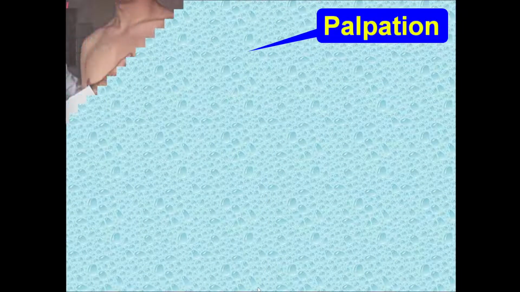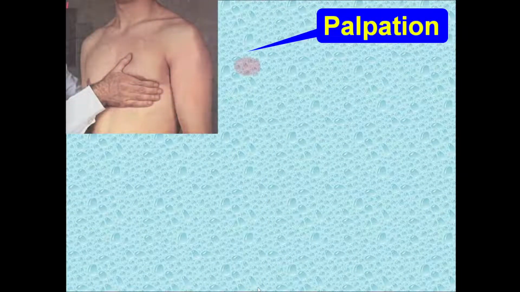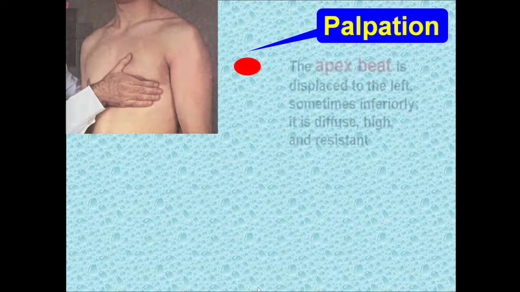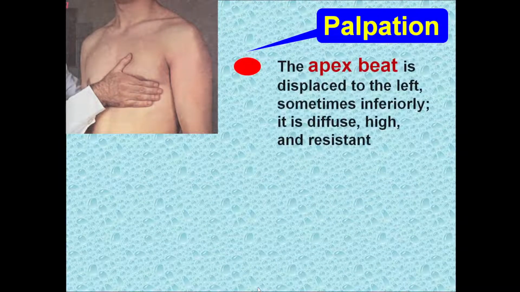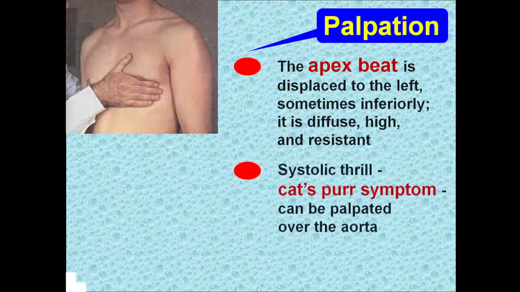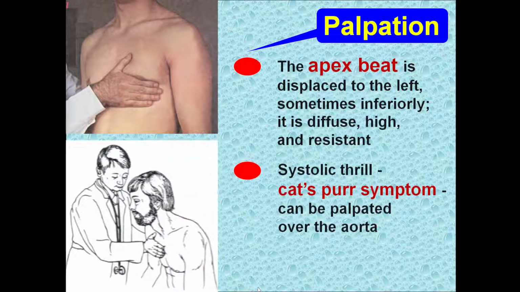On palpation, we reveal a problem with the apex beat, which will be displaced, becomes diffuse, high and resistant due to hypertrophy of the left ventricle. And we can palpate specific systolic vibration over the aorta.